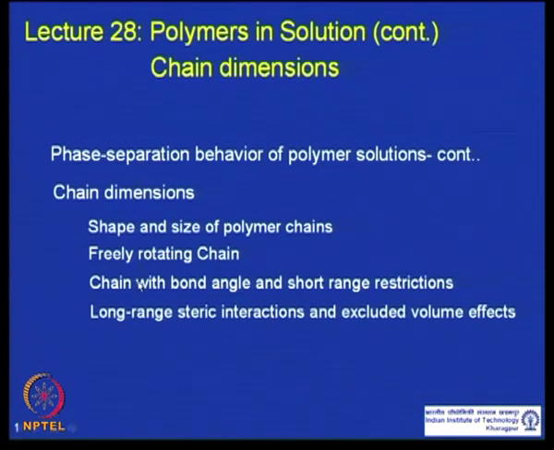We plan to complete the discussion on phase separation behavior of polymer solutions, and then in chain dimensions we will talk about size and shape of polymer chains and take different chains: freely rotating chains, chains with bond angle and short range restrictions, and then finally with long range steric interaction and excluded volume.